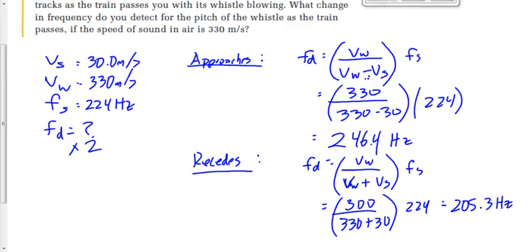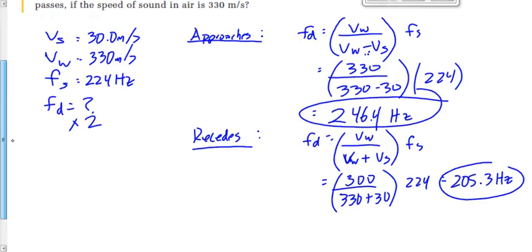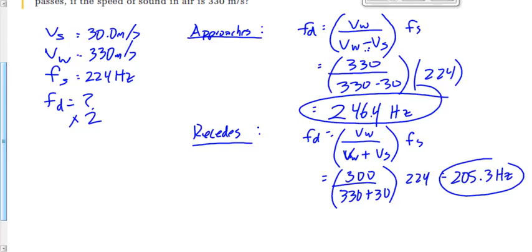So we get two frequencies, one that's higher than the actual frequency, one that's lower than the actual frequency. If we want to find the change in frequency that I detect, all I'm going to do is subtract those two. So 246.4 minus 205.3, and that's going to give me 41.1 hertz.